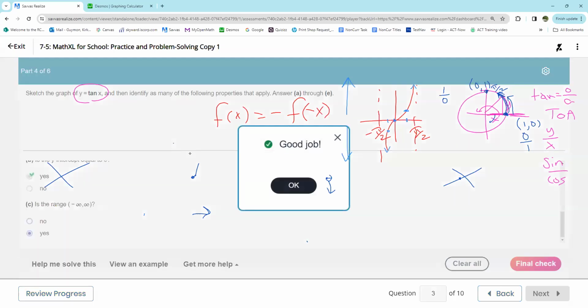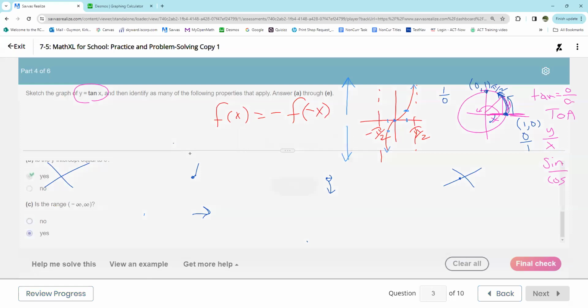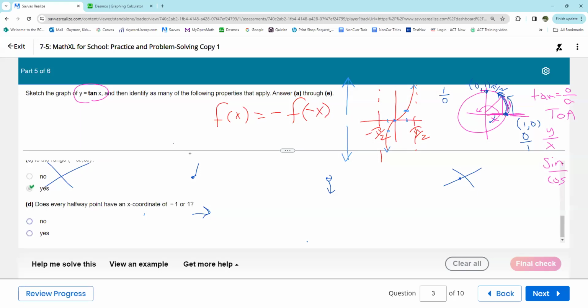Let's keep going here, getting right along. Does every halfway point have an x coordinate of -1 or 1? I don't usually use that terminology, but I think I get what they're saying.